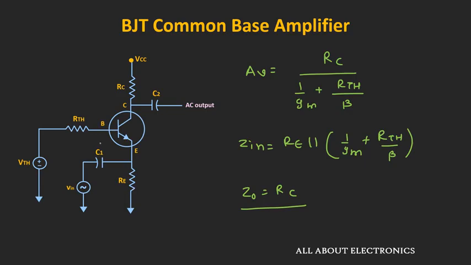Now, so far we have seen that if there is any resistor between the base and the ground terminal, then it will appear as R divided by beta in the voltage gain as well as the input impedance expression. That means in these expressions, it will get connected in series with the 1 over Gm. So if we want to nullify the effect of this term, then this R divided by beta should be much less than 1 over Gm.